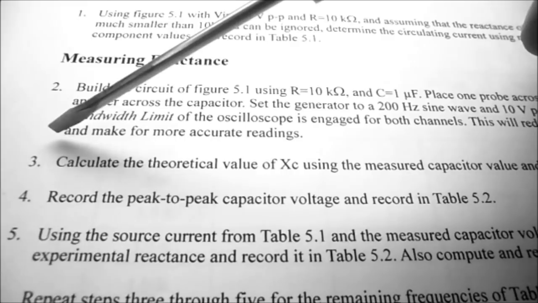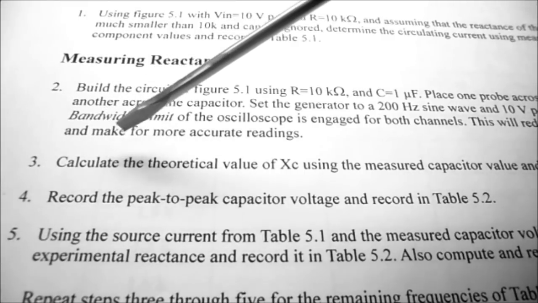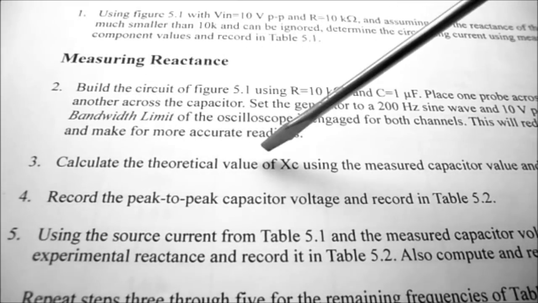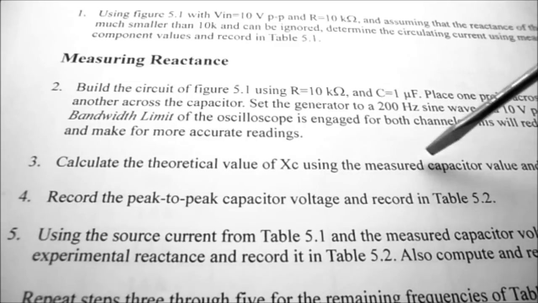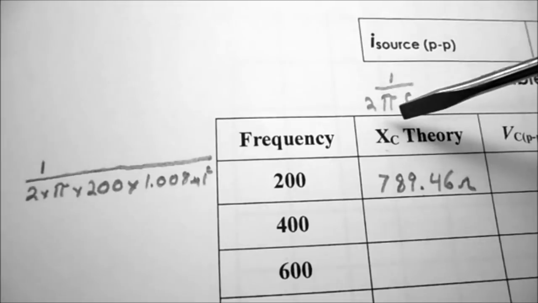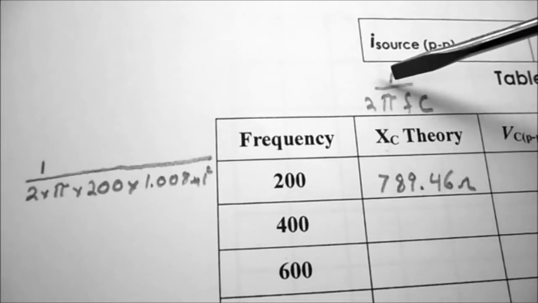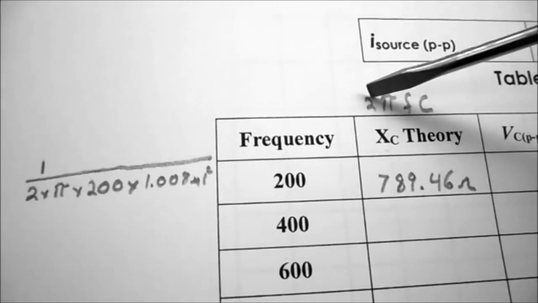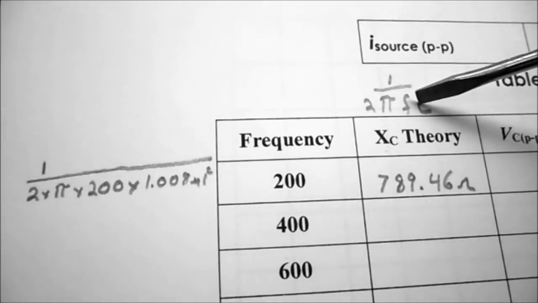So, under procedure, step 3, I'm going to calculate the theoretical value of XC using the measured capacitor value and record this in table 5.2. In table 5.2, we have to remember the formula for XC is equal to 1 over 2 pi FC.